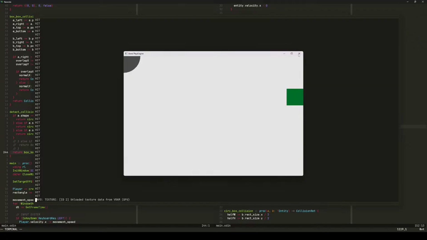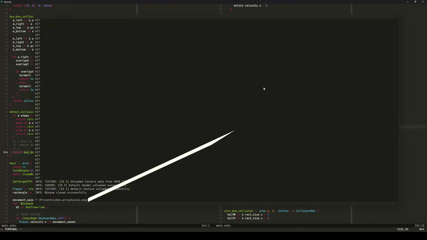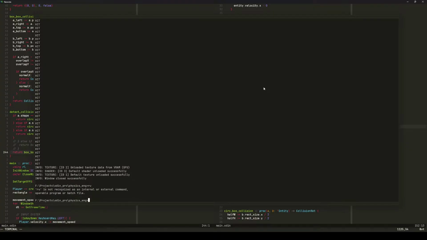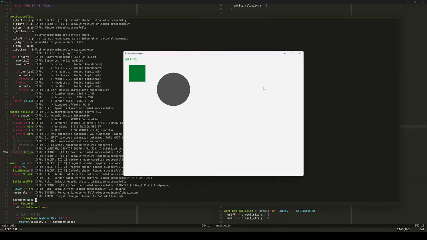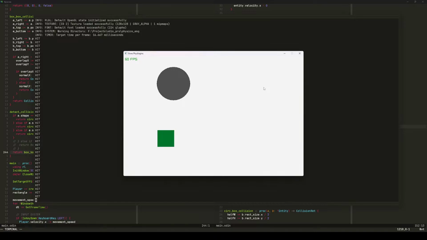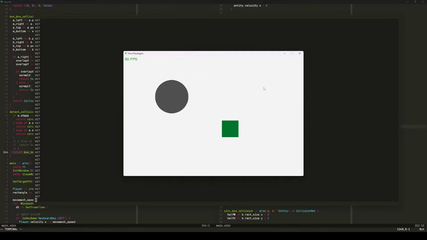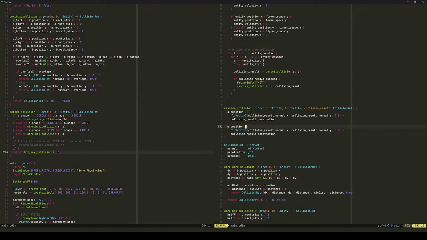Huh. It is pushing. It's not actually pushing to the actual dimension. Okay, it's projecting something different. Why is it projecting something different?